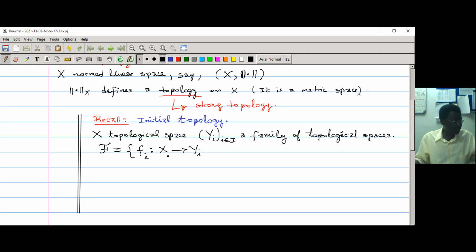You agree with me that, since we have Y with a subscript, we fix our X, and then the range or the target space will vary. So we take that family, with capital I the set of indices.